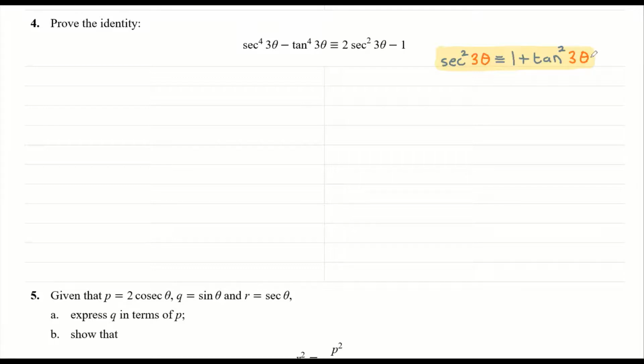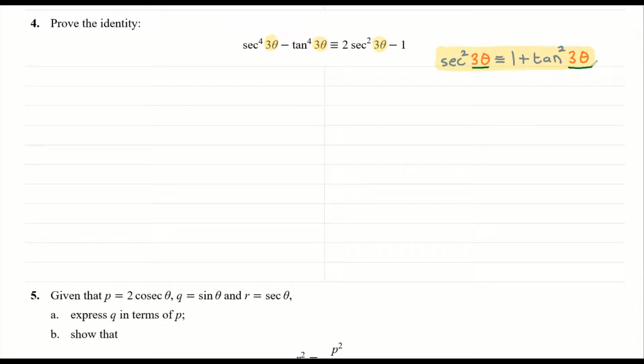Now, what I mean is you can call these angles whatever you want. So in this instance, we've got 3 theta everywhere. It doesn't matter, as long as you swap 3 theta on the left-hand side for 3 theta on the right-hand side in this identity, then you're being consistent.